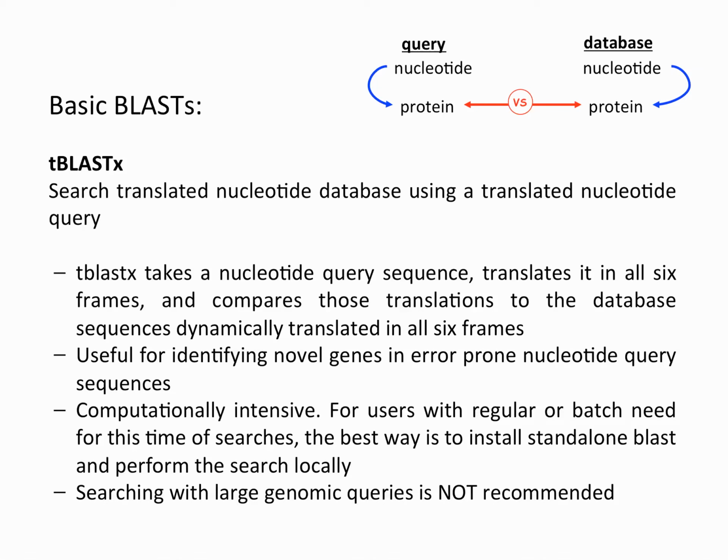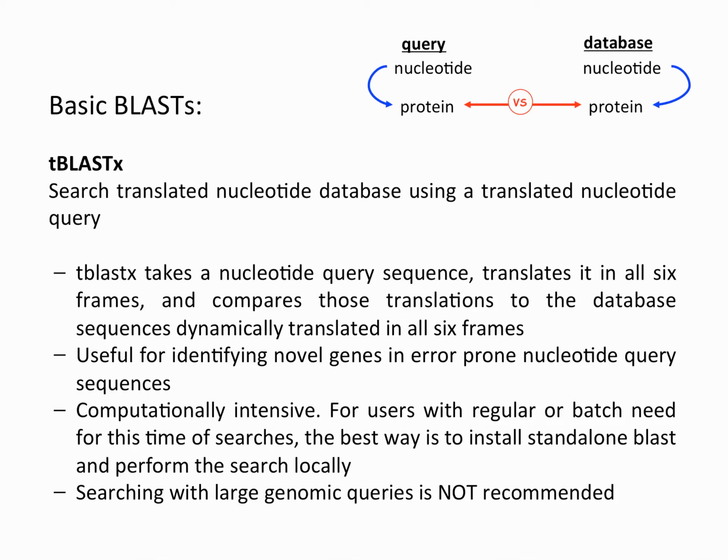T-BLAST-X gets around the potential frame shifts and ambiguities that may prevent certain open reading frames from being detected. This is very useful in identifying potential proteins encoded by single-pass read ESTs. In addition, it can be a good tool for identifying novel genes.